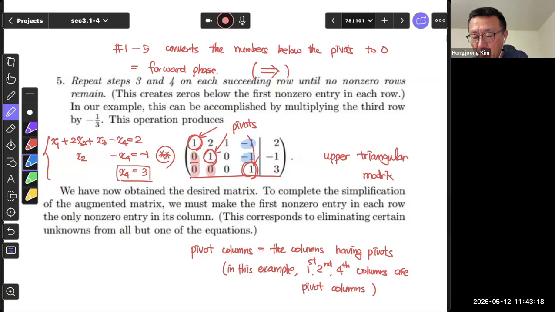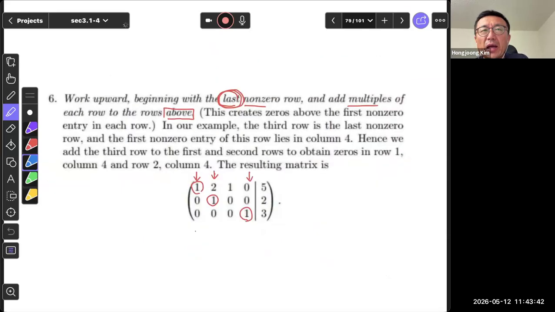Now which number shall I multiply to the third row to eliminate the negative ones above? Just 1. If you add 1 to negative 1, you get 0. In other words, if you add the third row to the second and first rows, those negative 1s above the third pivot 1 will become 0. So if you add the third row to the second and the first row, you get these two zeros.